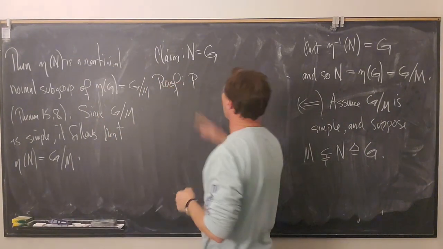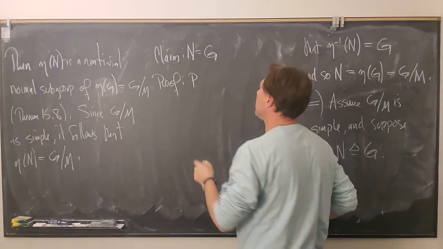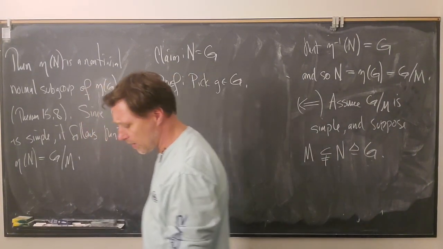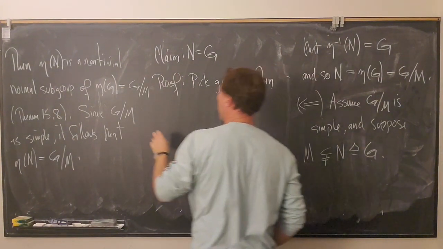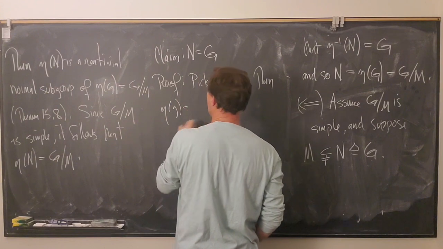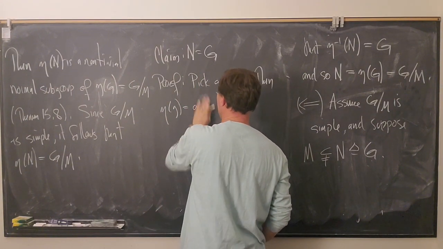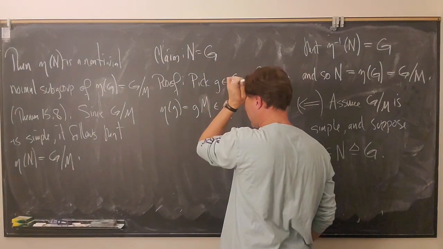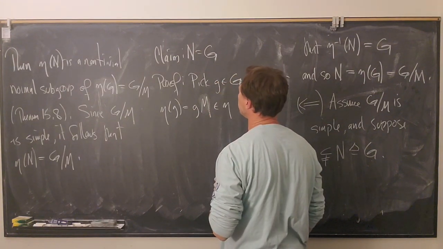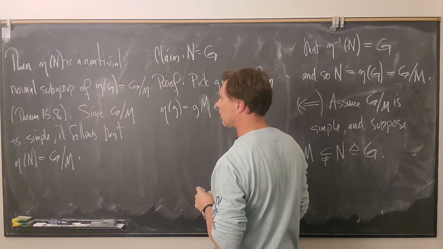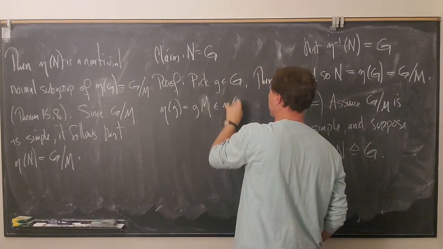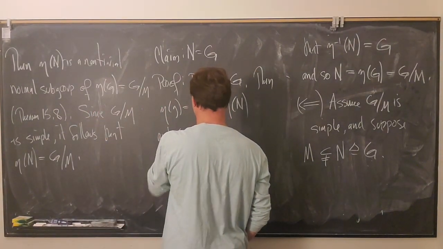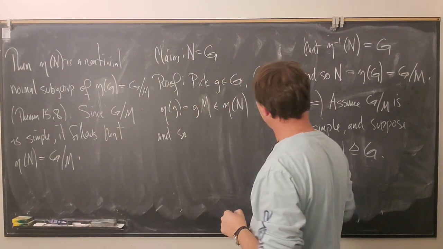Of course, N is a subset of G. I want to show that G is a subset of N. So let's pick little g in capital G. Then eta of little g is equal to gM, and this is an element of eta of N. Let's see, what does eta of N look like?